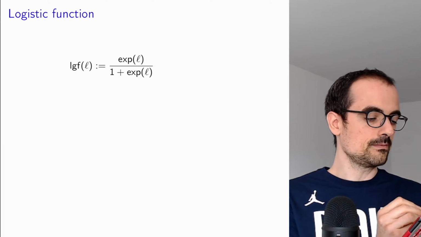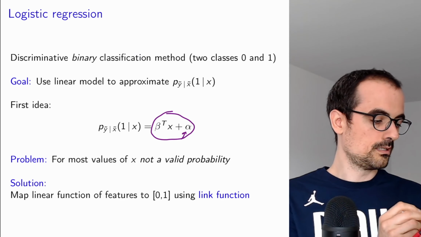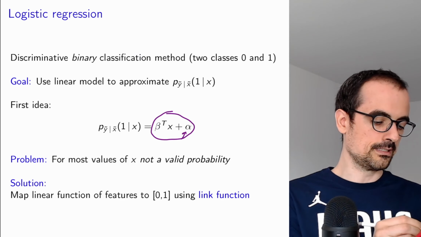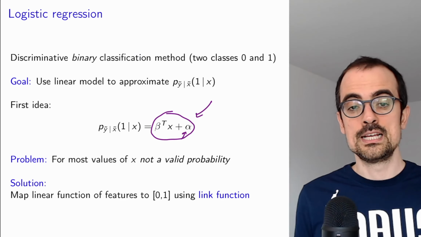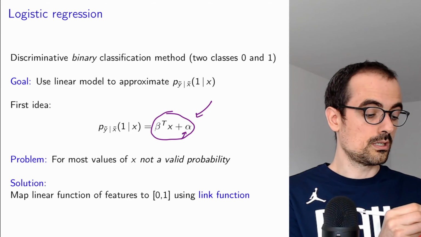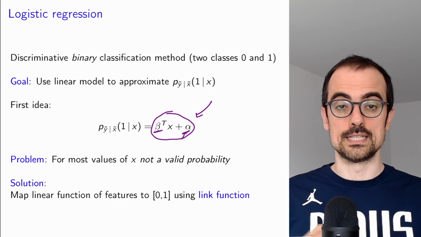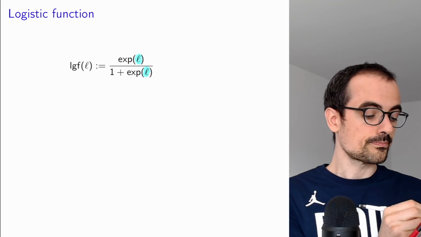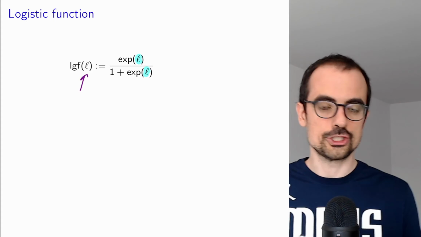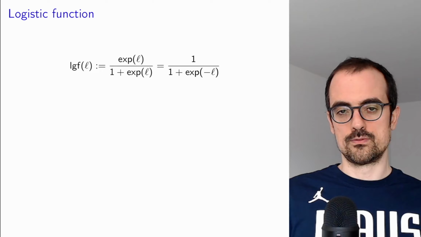This L here represents this linear function of the features that is based on a fixed set of linear coefficients and an additive constant that are learned from the data. Once we have those, we plug it into this logistic function, which has these two equivalent forms.